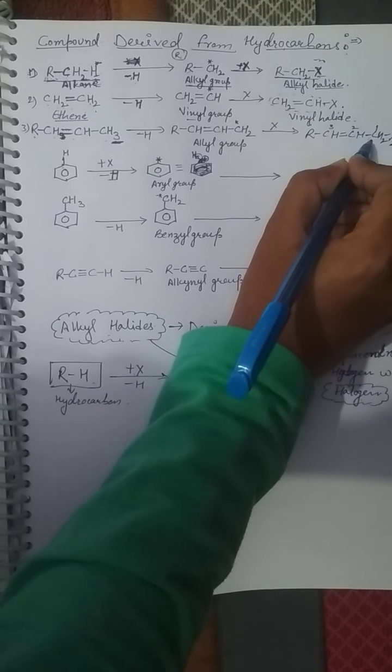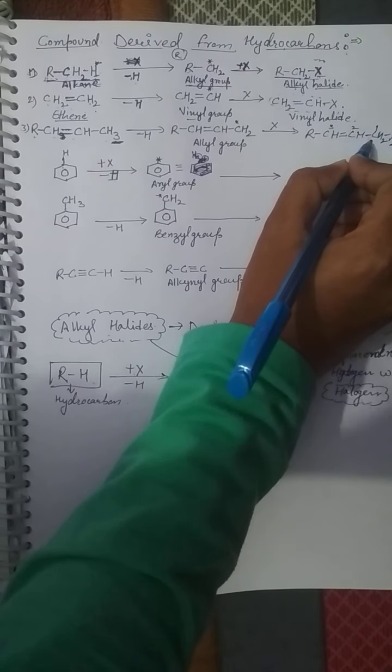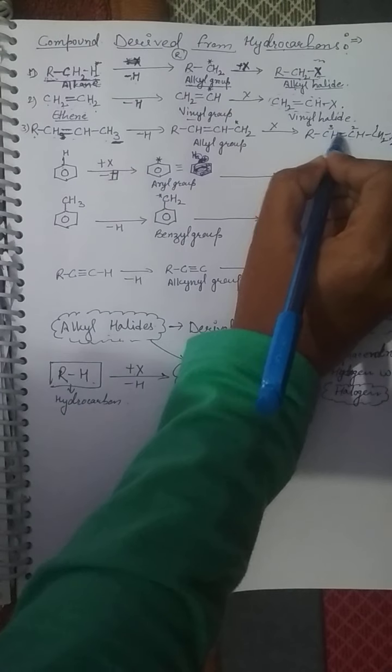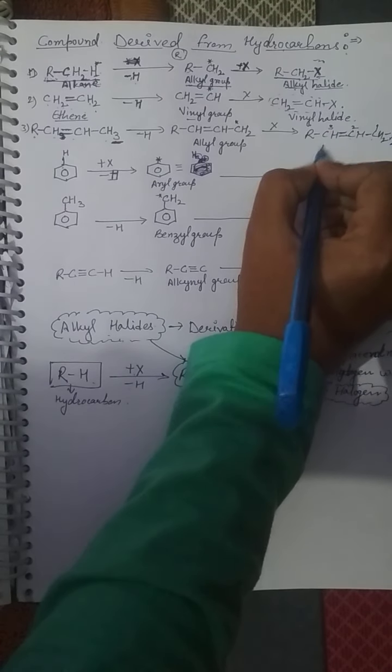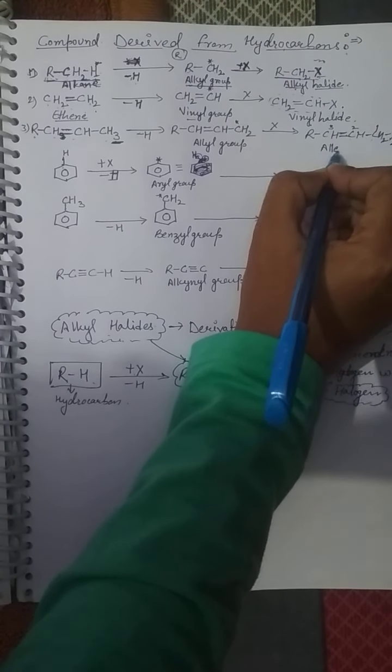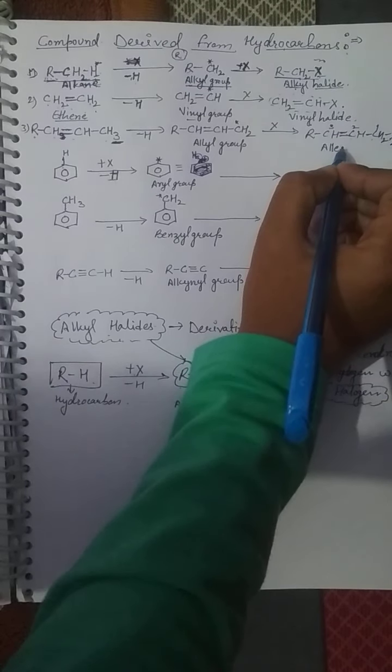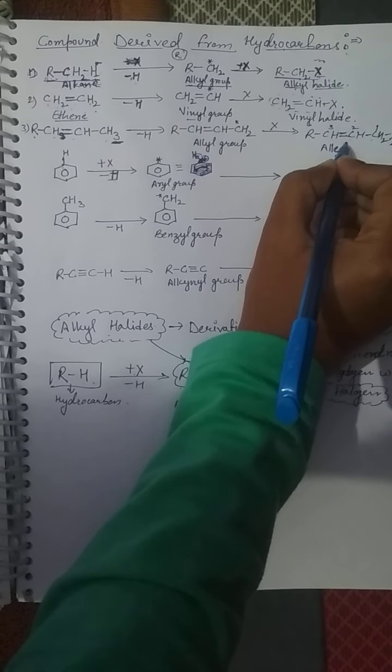The halogen is attached to the carbon which is bonded to the carbon having the double bond, and that's why it is called allyl. They are called allyl halides.